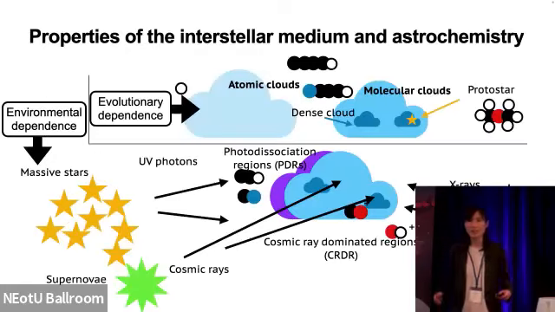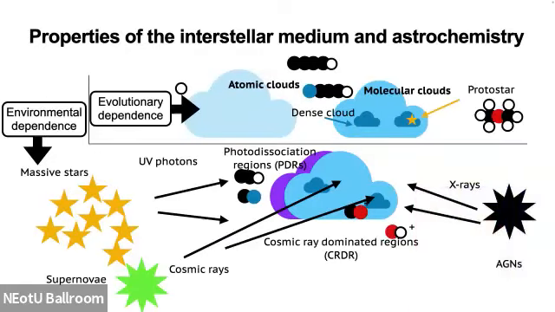As this schematic picture shows, astrochemistry may be related to the evolutionary stages of molecular clouds as they get denser and denser from a diffuse cloud. And it's also related to external environments such as massive stars, AGNs, and supernovae. So I'll just go through one by one.